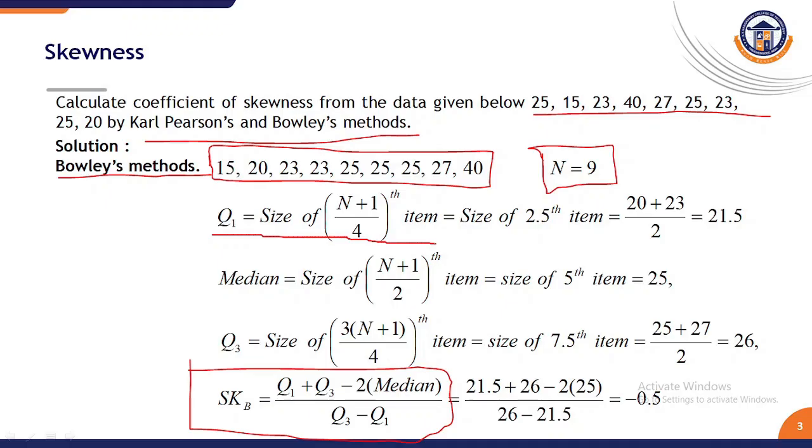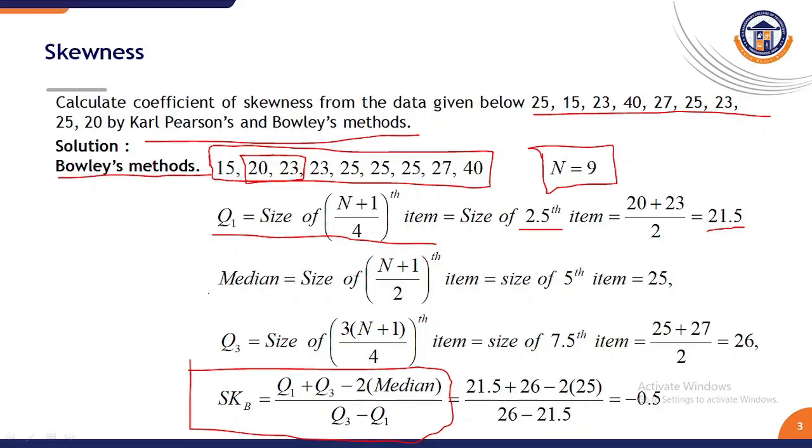It is evaluated by using the formula size of n plus 1 divided by 4th item. That means size of 2.5th item. So 2.5th item means average of second and third items. So Q1, the first quartile value, is 21.5.